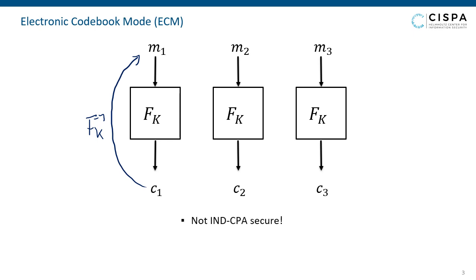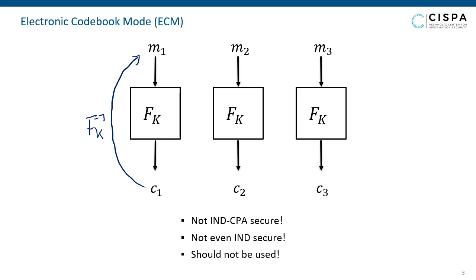This mode of operation is not CPA secure. Well, it is not even secure. And in fact, it should not be used anymore. There are some very specific use cases where it is justifiable to use the electronic codebook mode.